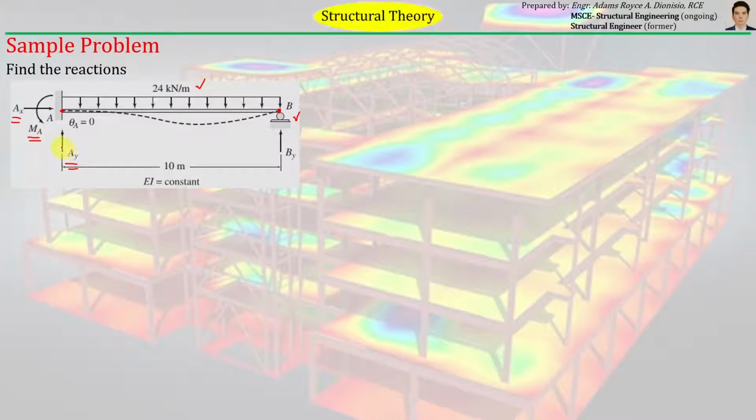So let us call them AY, AX, and MA respectively. While on the other end, on the roller support, let's call the unknown reaction BY.